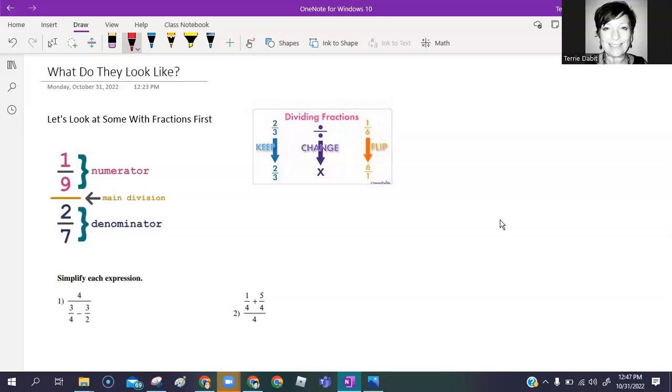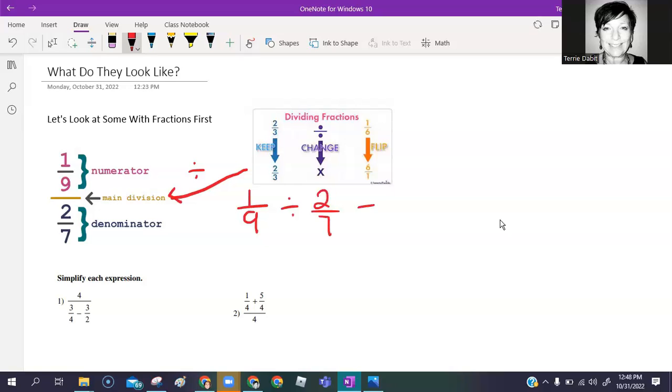And so we do remember our keep, change, flip. And this main line right here, this line is your new divide symbol. So technically, if I rewrite that problem, it would look like this: 1/9 divided by 2/7.